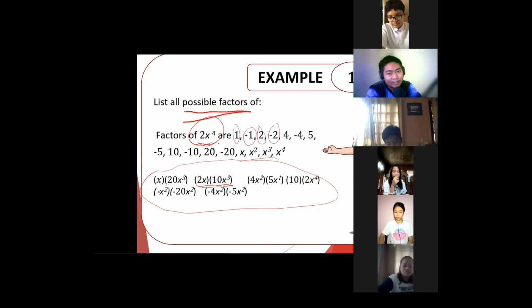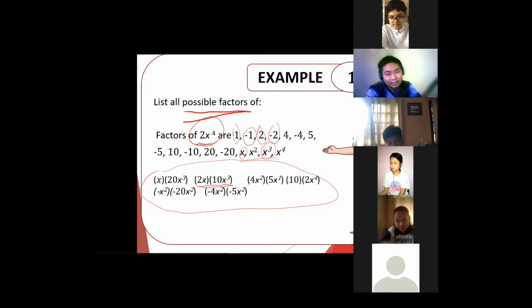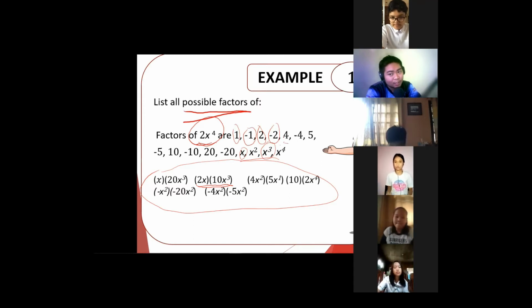They just listed it. When we factor x raised to 4, we have x times x cubed, and so on. These are the possible ones. The ones I circled are wrong, because you cannot use 4 or negative 4. I think there is something wrong with this.